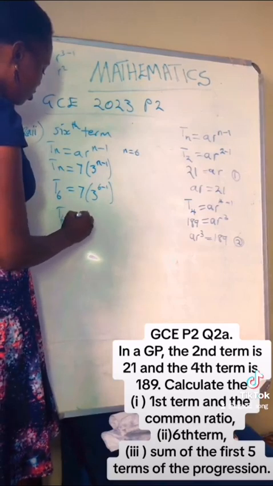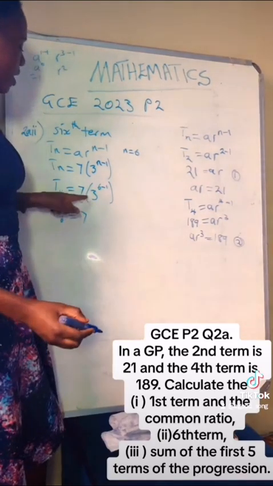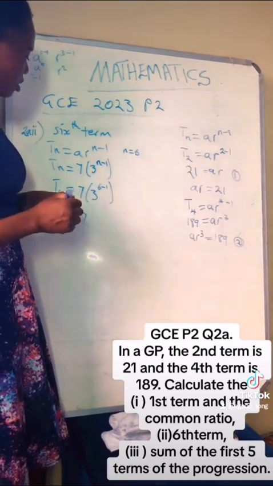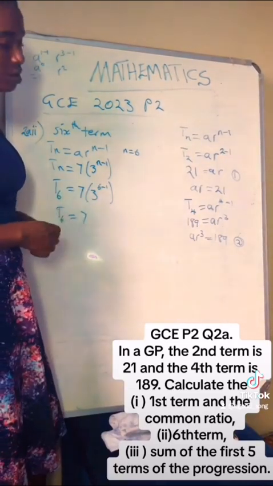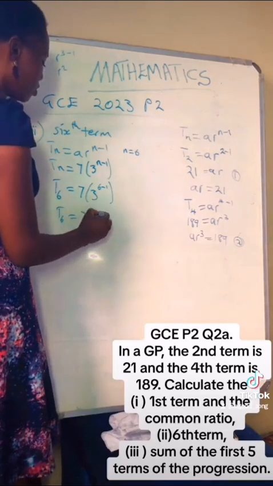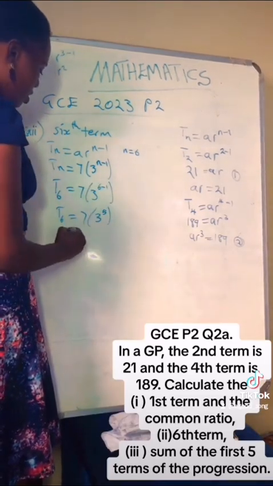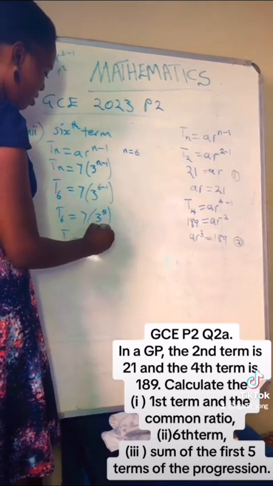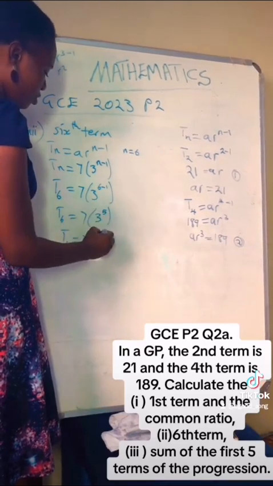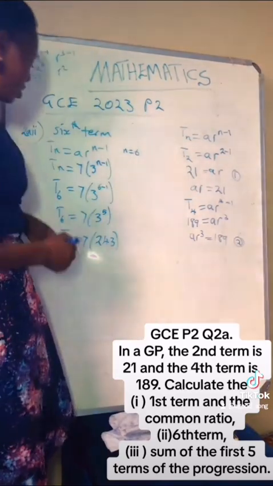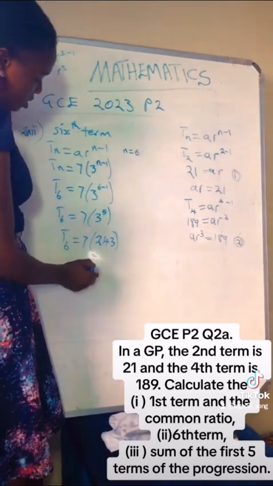T6 equals 7. Please don't multiply at this stage because this 3 is raised to a certain power. So first deal with what you have in brackets, then you multiply with 7. So I'll have 3 to the power 5, or 6 minus 1 is 5. Then I have 7. 3 to the power 5 is 243. Then we can now multiply with 7.